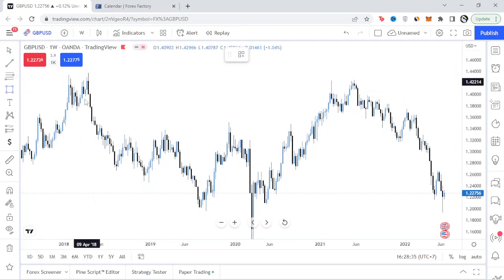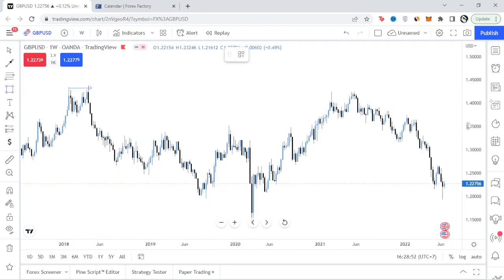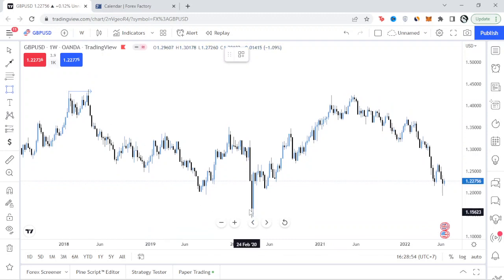For GU, I can see first of all, this low here started by this being taken out already. This low drove all the way down, and this is a pullback. This is definitely a pullback because we didn't get an expansion out of the range.